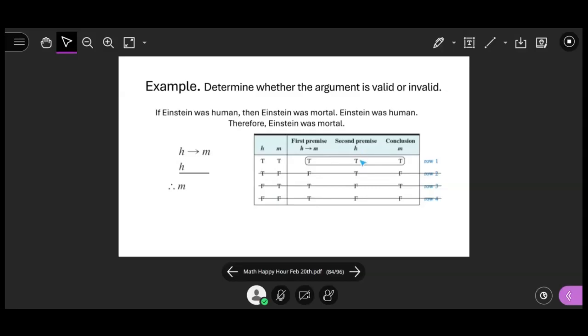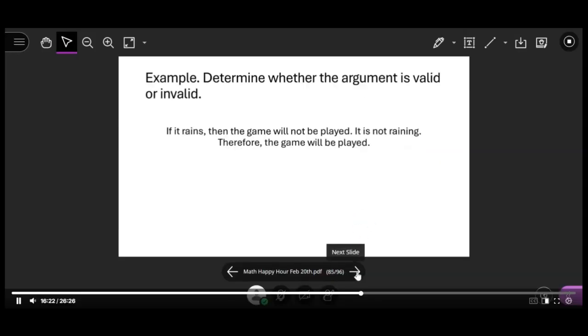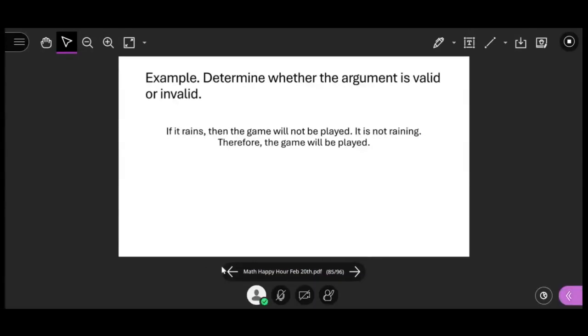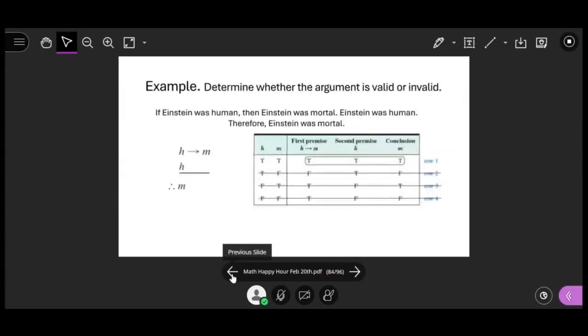Then our second premise is true, true, false, false. So we just copied our H. And then our M, we just copy the M: true, false, true, false. We can see here that row 1 is all true, and the rest, row 2, row 3, and row 4, are false in at least one column. Okay, so we're going to say this is valid.